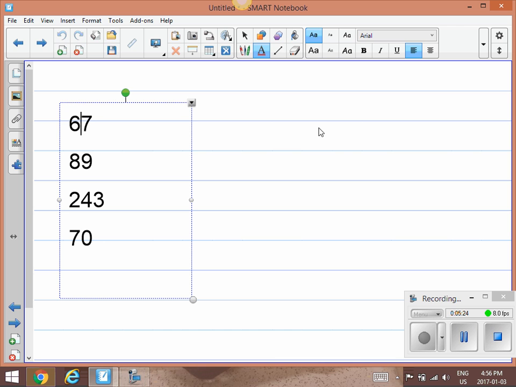So we can look at 67 as 60 and 7. We can look at 89 as 80 and 9. We can look at 243 as 240 and 3, and 70, fortunately, already ends in a 0, so we already know it's a multiple of 10.